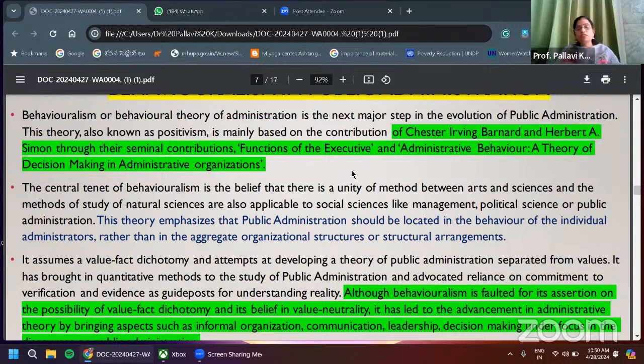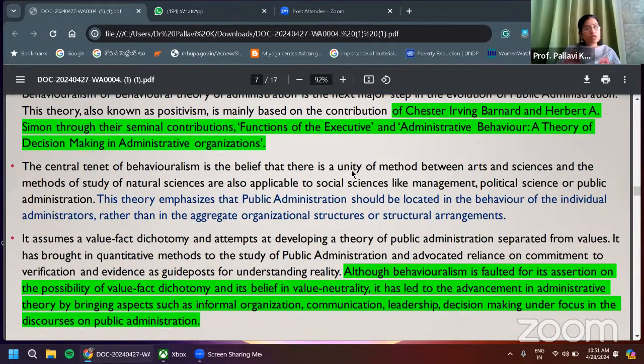This we will also discuss in detail in later classes when we discuss Simon specifically: how decisions will be taken, how decisions should be taken in an organization, what factors should be considered, all these aspects. That is the reason why the public administration subject assumes great importance, not only in our studies but also in our daily life, because whatever we study here will be applicable to our life also.